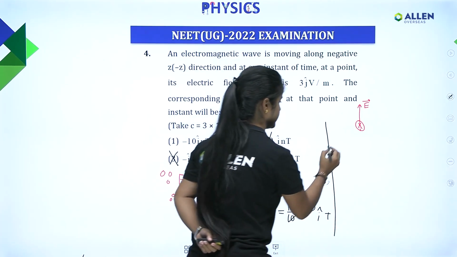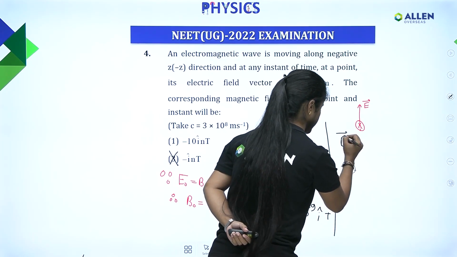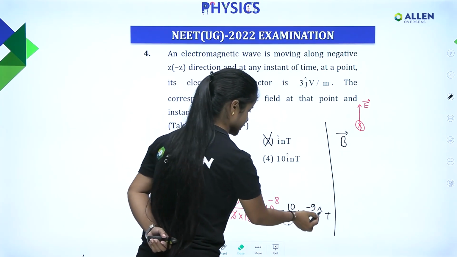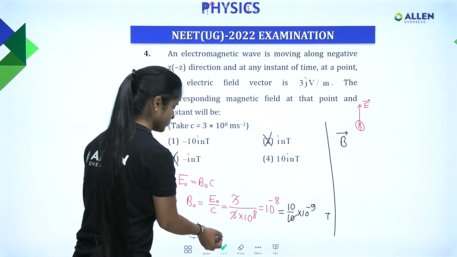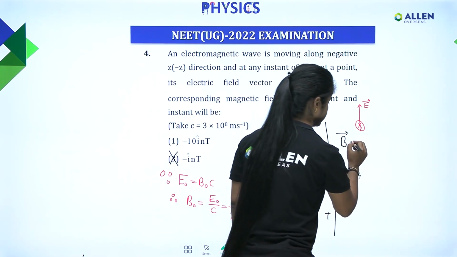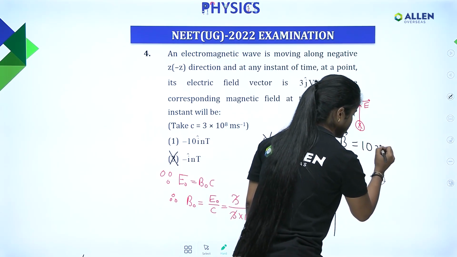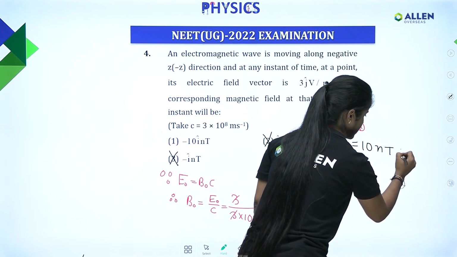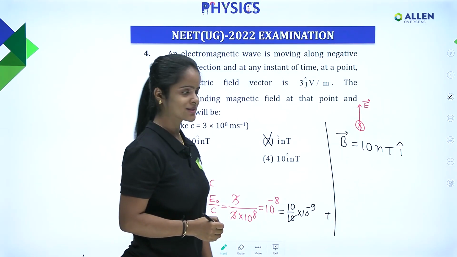In the next step I am going to write it in a more simplified format. You are going to find the final value, that is B vector. Here I can't write I cap because here I am only writing the magnitude. So finally I am going to write it in vector format, that is 10 nano Tesla, and the direction will be along the positive x axis.